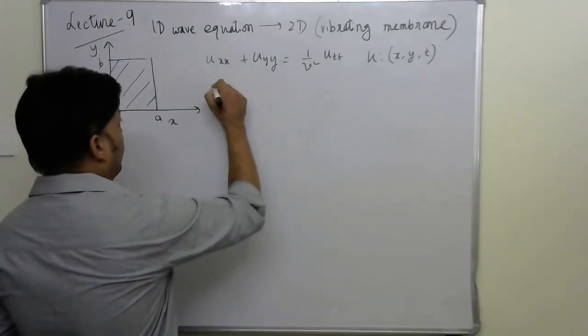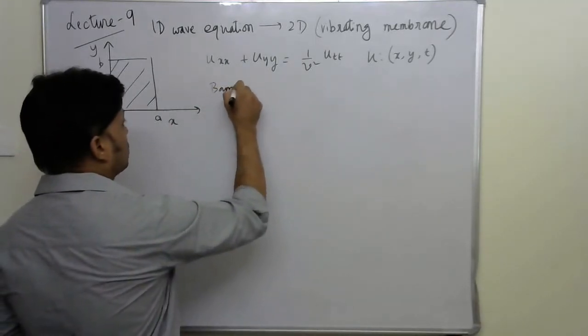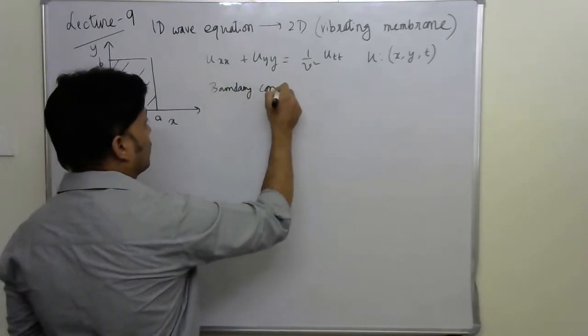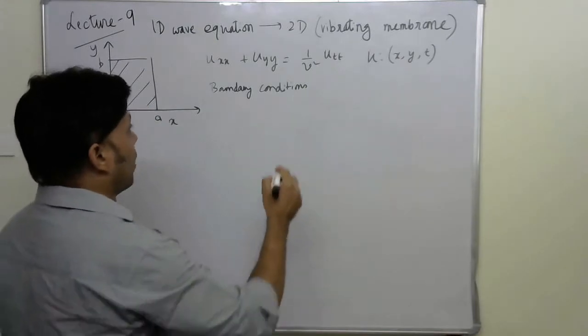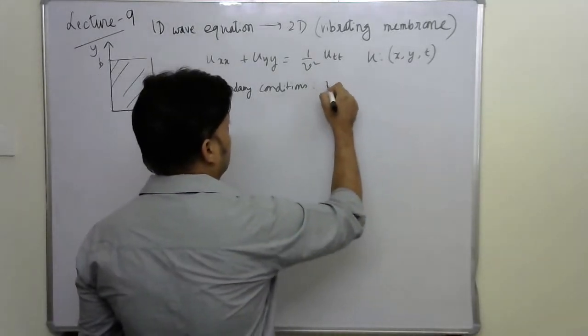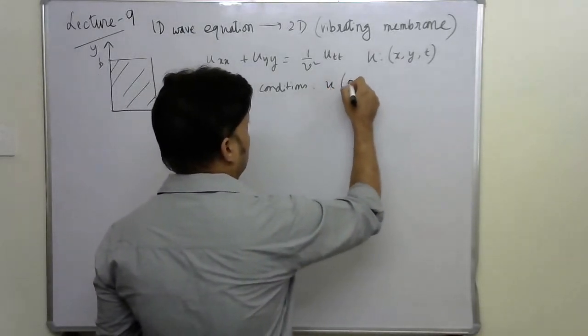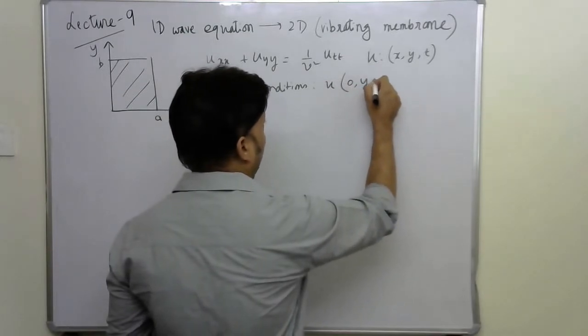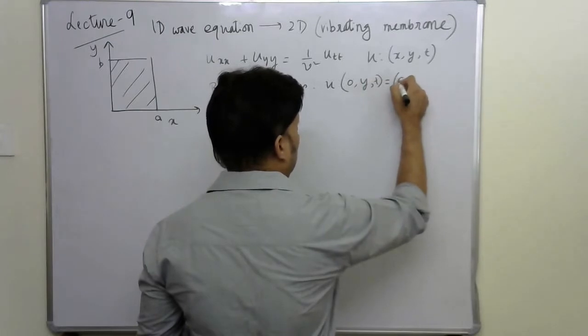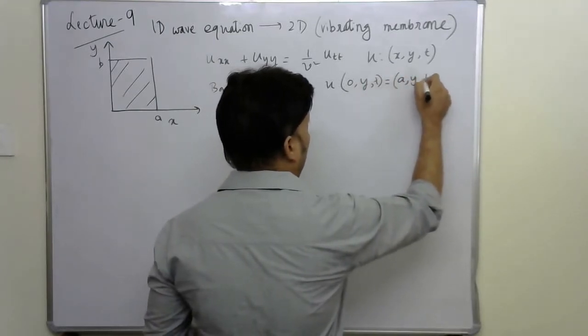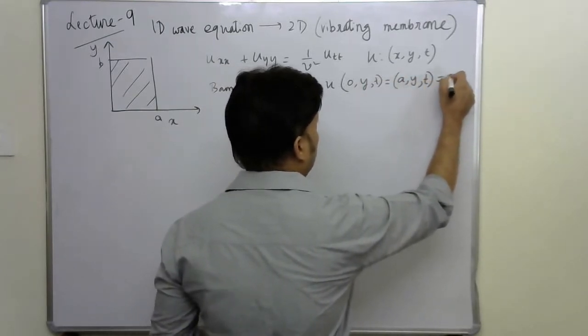Therefore, we are going to write once again the boundary conditions, because these conditions are very important to find the specific solutions. The boundary condition says that u at x equal to 0, at any value of y and any value of t, is equal to the same thing at x equal to a, any value of y and any value of t, which is equal to 0.